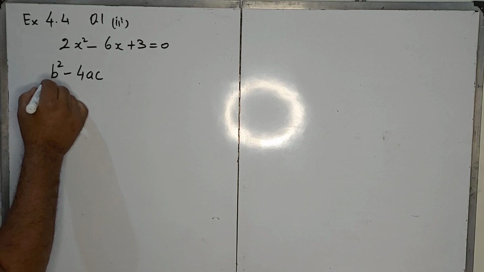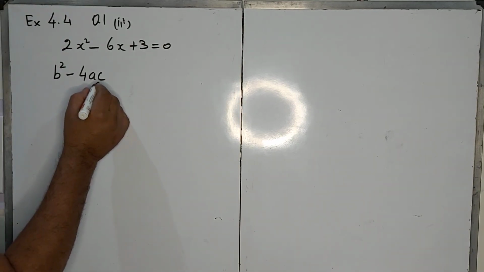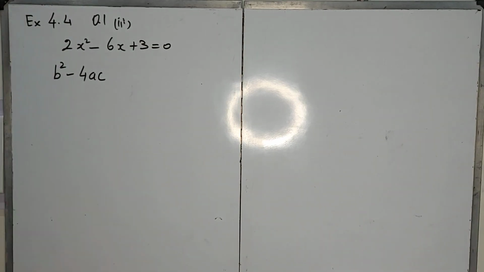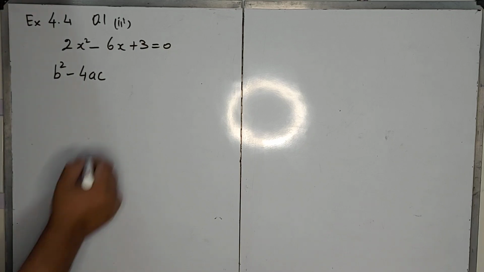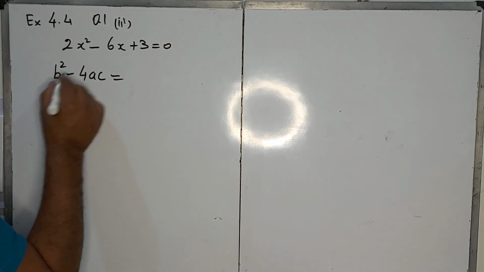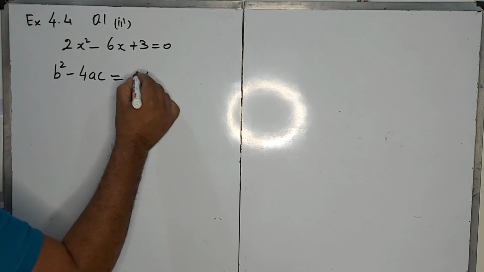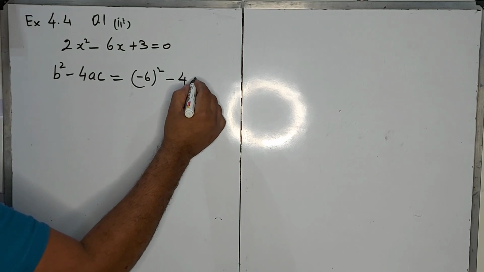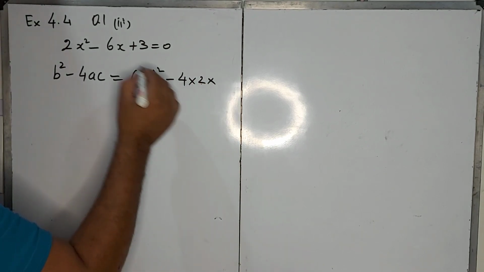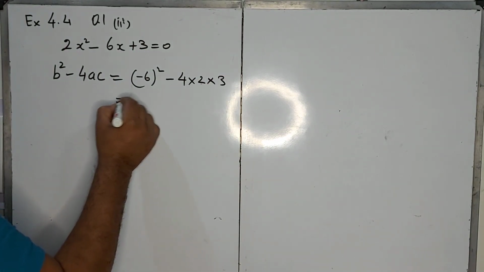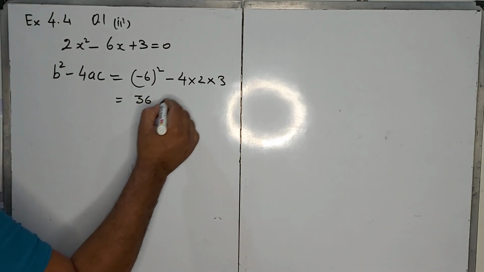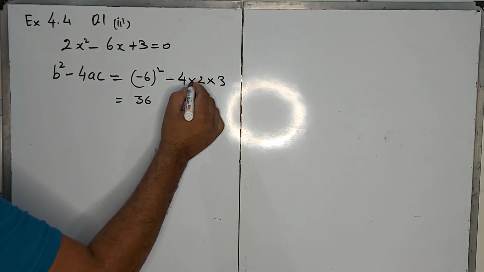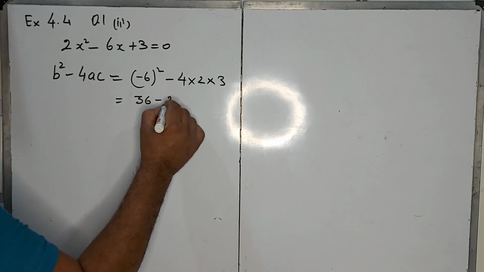And by judging the value of this term, we can predict or analyze what type of roots the equation has. b is minus 6, therefore minus 6 square minus 4 into a into 2 into c into 3, and this will be plus 36 minus 24.